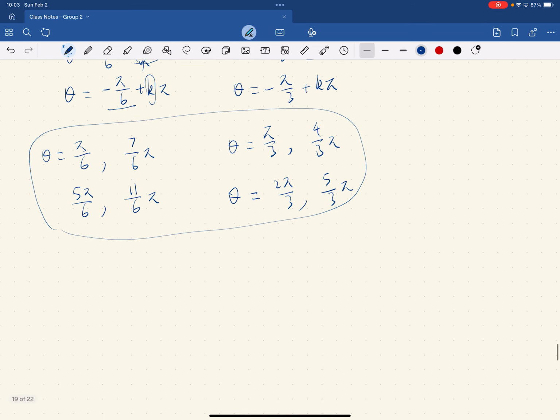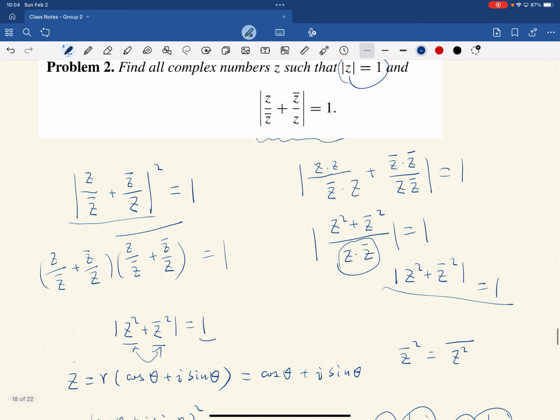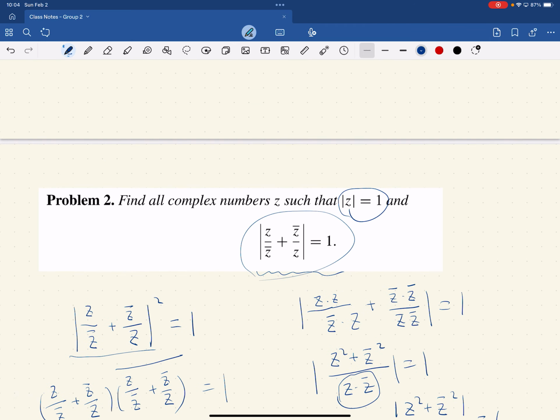So when we write it, we can write it as cosine theta equals i sine theta, where theta equals all these values, right? So there are 8 complex numbers that can fit into this equation here.